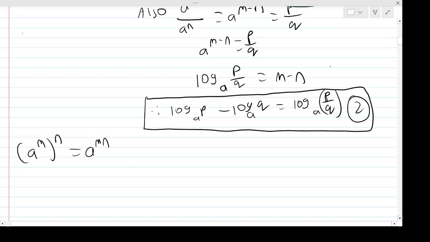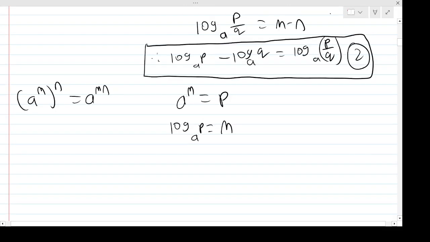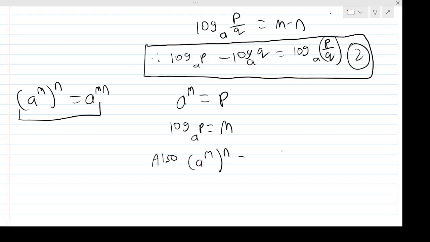If I'm going to consider a logarithm, what we can do firstly is call this a to the m p again. But we also know that if we raise a to the m to the power of n, that's a to the mn.